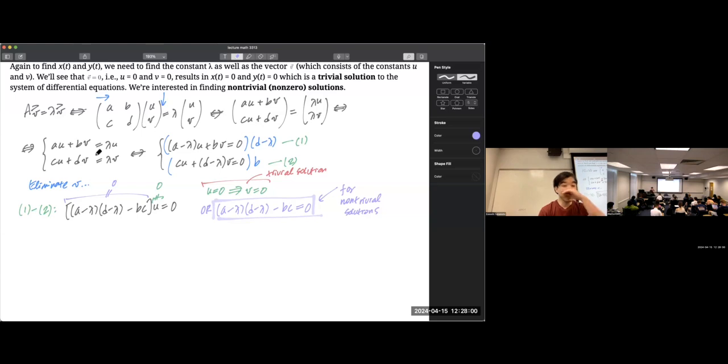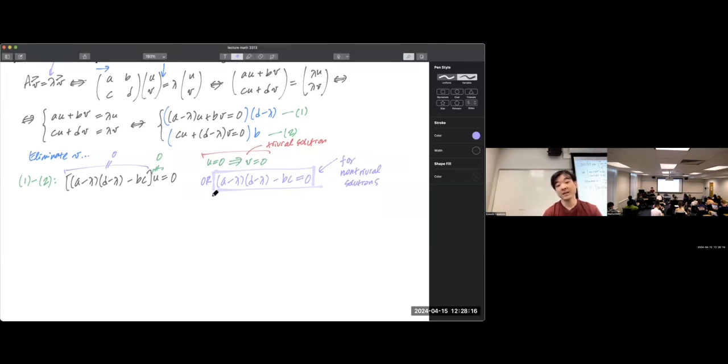Each of those will go into this lambda here, and then we'll find a vector v, which is the u and v that corresponds to that eigenvector and eigenvalue. And so that's what we're going to do. So this is the equation that defines the eigenvalues, because this is the lambda, and we're going to use that to plug into the original system and find out the eigenvectors, which are the u and v, basically.